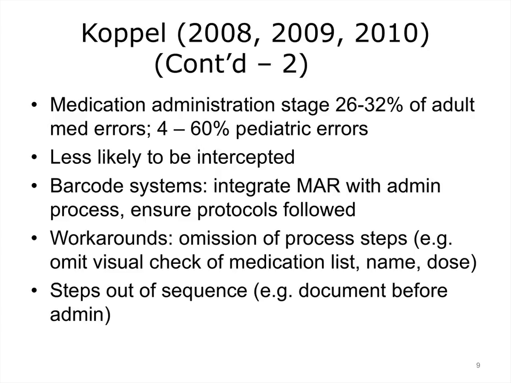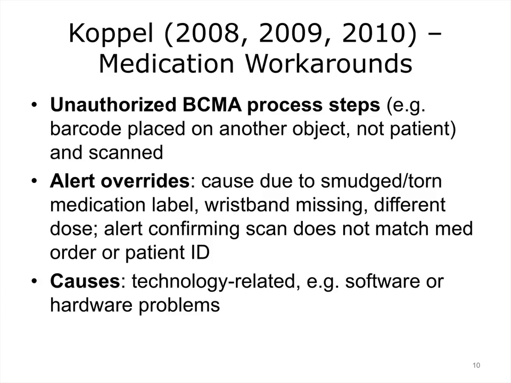Barcode systems integrate a medication administration record, MAR, with administrative processes, ensuring protocols are followed. However, in observational studies, he found that staff uses workarounds, omitting process steps such as visually checking the medication list, name, and dose. Sometimes a workaround involves carrying out the steps out of sequence, such as documenting before administration instead of after.